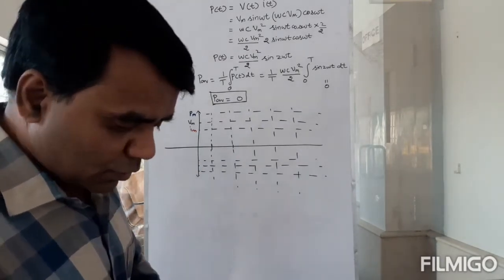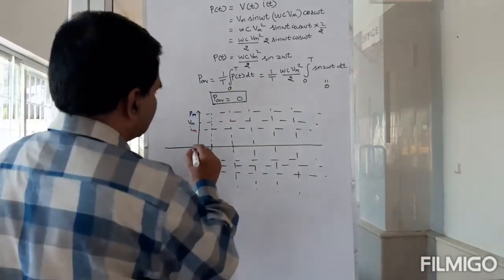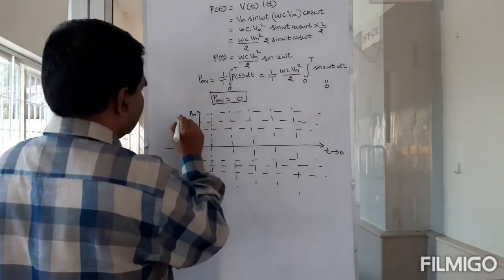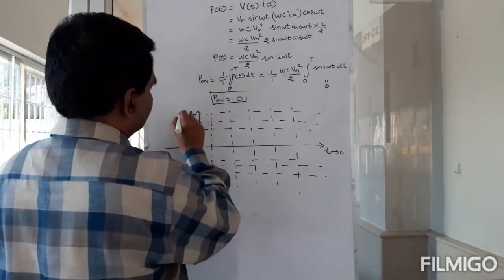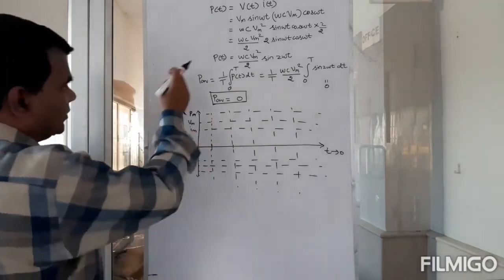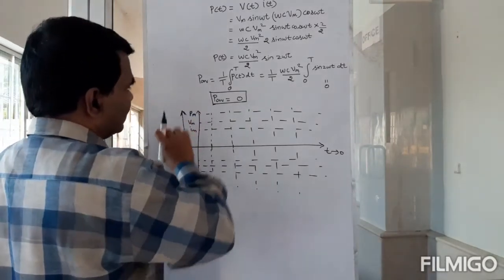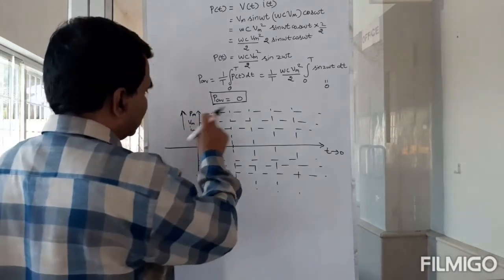So what's my voltage going to be? I'm going to start from here. This is my time in this direction, and all these things are upwards. Voltage, power, current, they're all involved. I would mark all of them in one graph. So I'll start with the voltage.